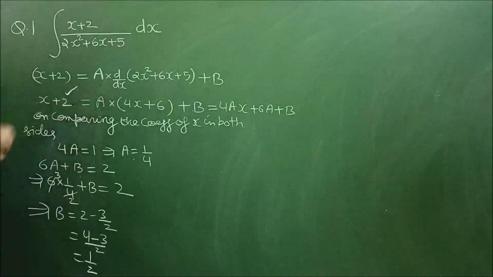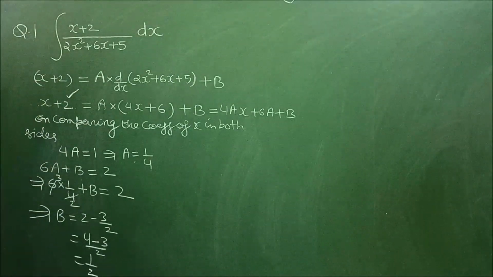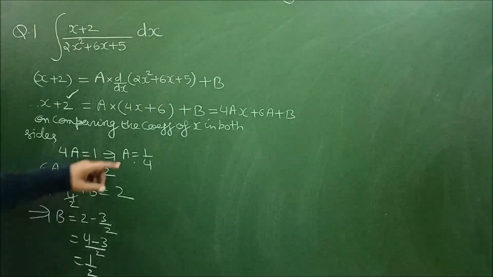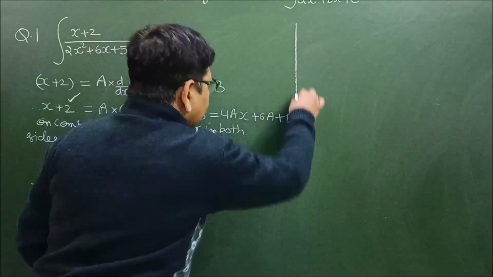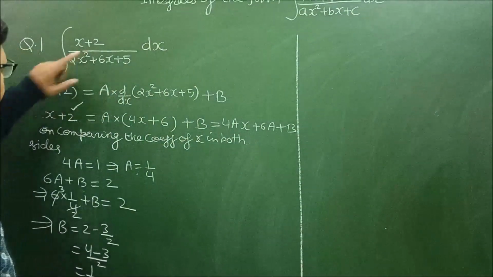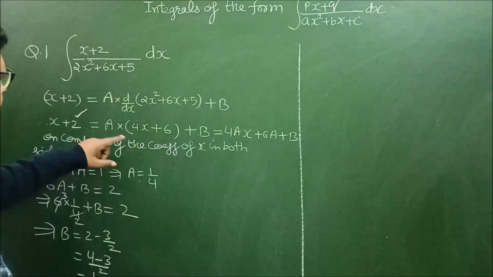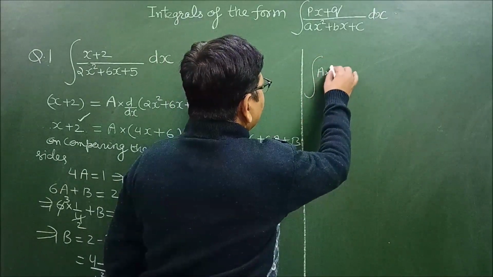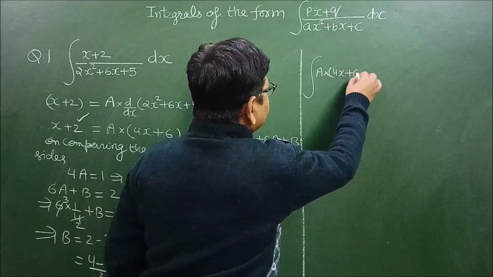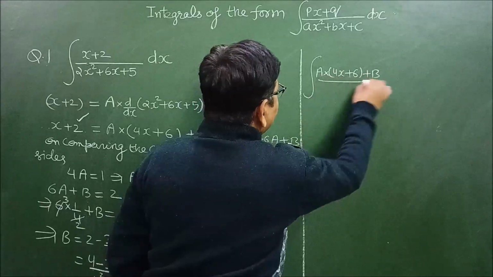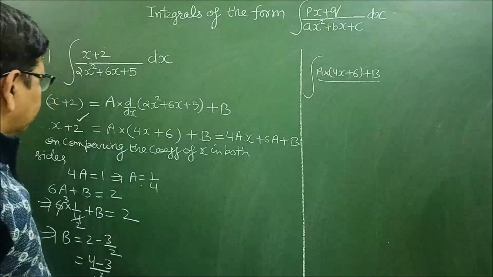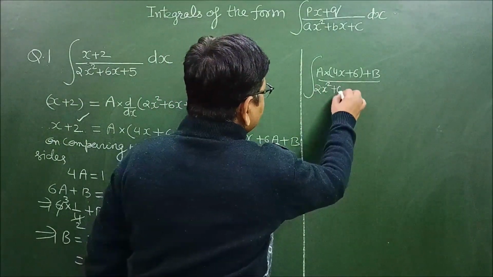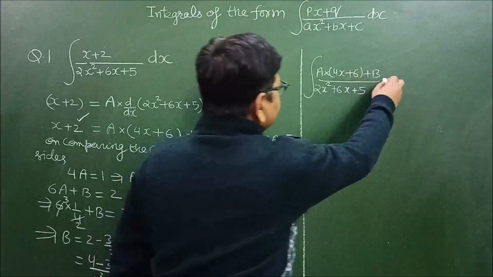Putting these values here, we can replace x + 2 by a into (4x + 6) plus b, where the value of a is 1 upon 4. So replacing x + 2 in this integral, the integral of (a into (4x + 6) plus b) divided by (2x² + 6x + 5) dx.